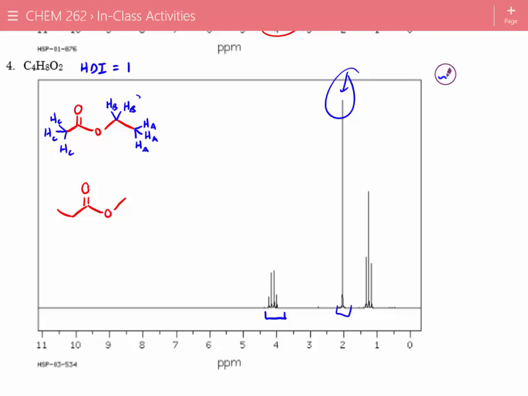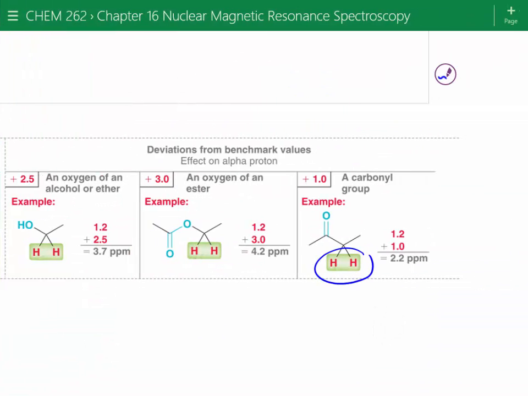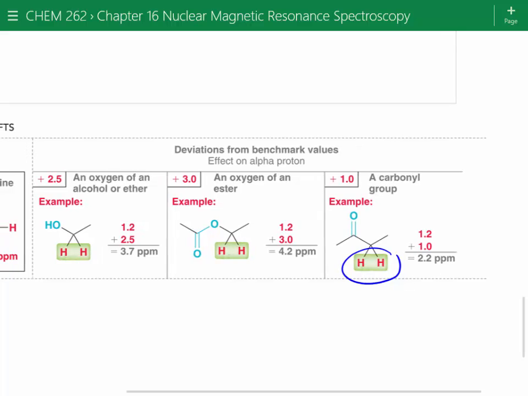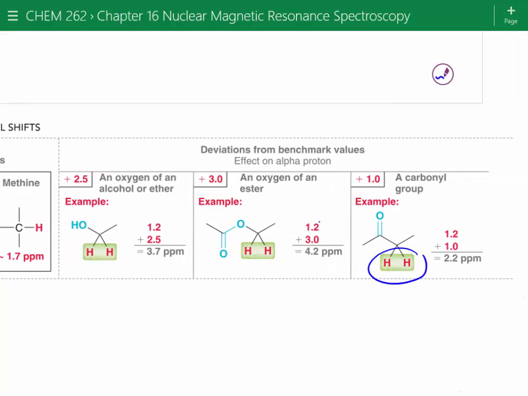Now let's take a look at HB over here. If we look at HB, it has 3 3-bond neighbors, which means it should be a quartet. And if we go back to our guide here, if that's a methylene carbon, it means it has a benchmark value of 1.2. We take this 1.2 value and we add 3 to it. So 1.2 plus 3, we get this value of 4.2 over here.